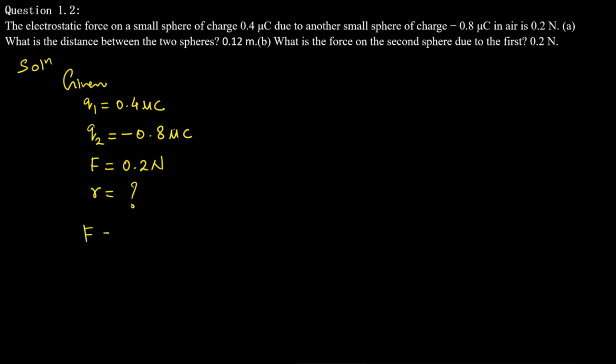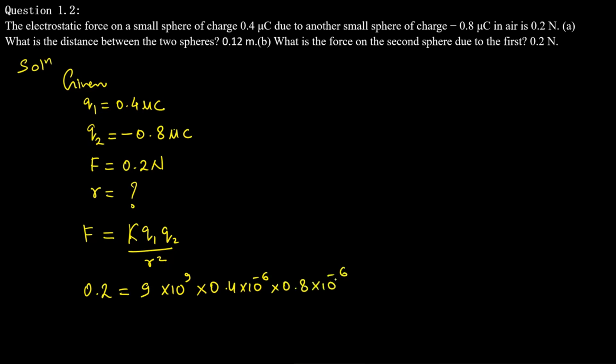So remember that here we will write the magnitude. So K Q1 Q2 upon R square, otherwise it will give you an imaginary number. So force is 0.2 Newton. The value of K is 9 into 10 raised to 9. Q1 0.4 microcoulomb, Q2 0.8 microcoulomb, and upon R square.